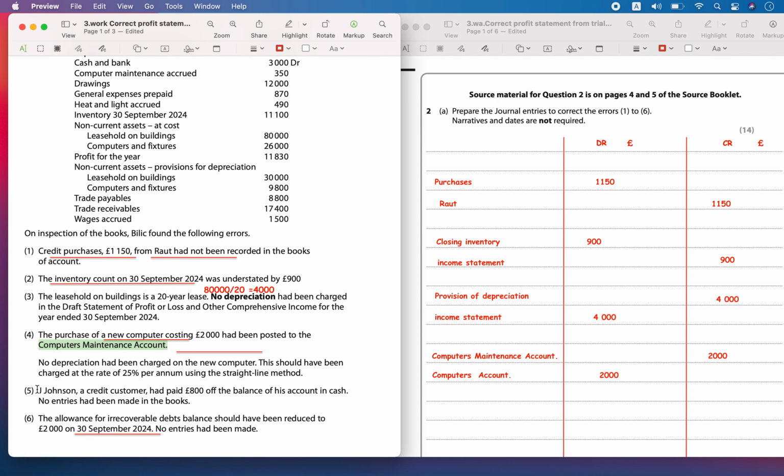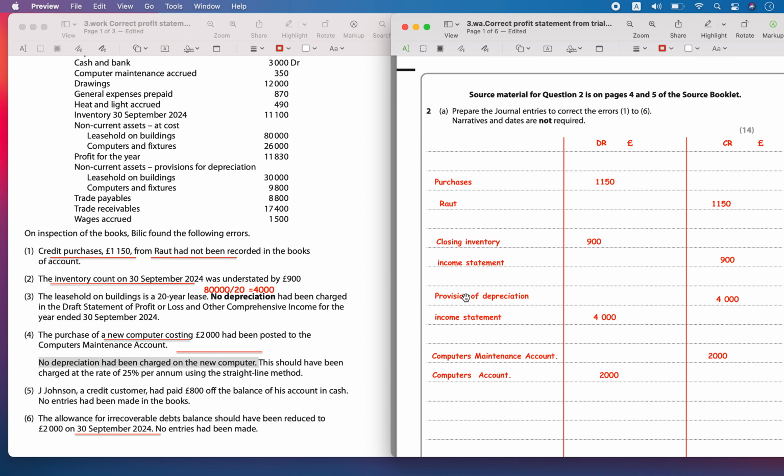Then, no depreciation had been charged on the computer, so this should also be included. So let's include it in the provision for depreciation account and the income statement.